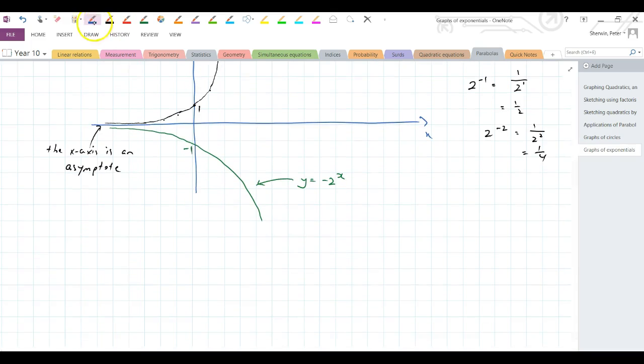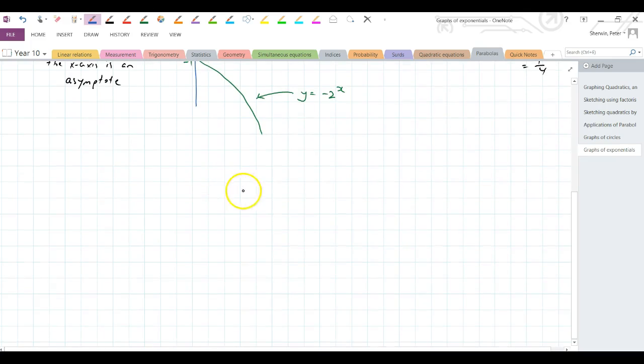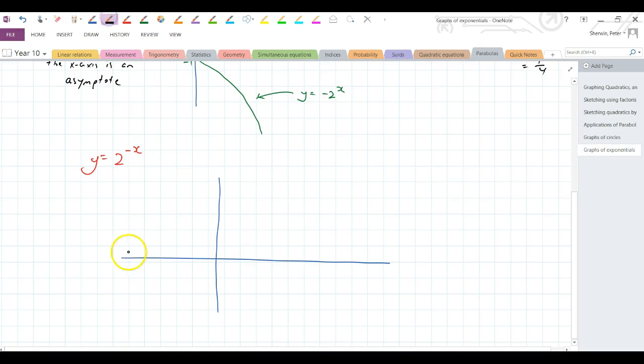And there's one other thing I want to show you, and that is when the x in the power becomes negative. So now I'm talking about y equals 2 to the power of minus x. So what happens there is that my y equals 2 to the power of x, which is this, right? That's y equals 2 to the power of positive x.